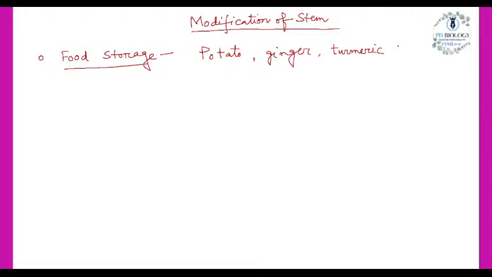These are modified for food storage. They also act as organs of perennation to tide over conditions when these are unfavorable for growth.